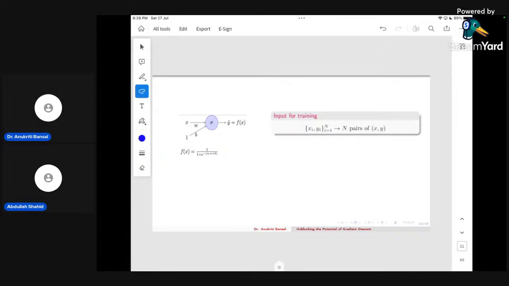So input is the n pairs of x comma y, like actor or maybe the story and rating 3.5, or story something and rating 4, some other number and rating maybe 7. Okay, so this is my input. I have n such pairs.